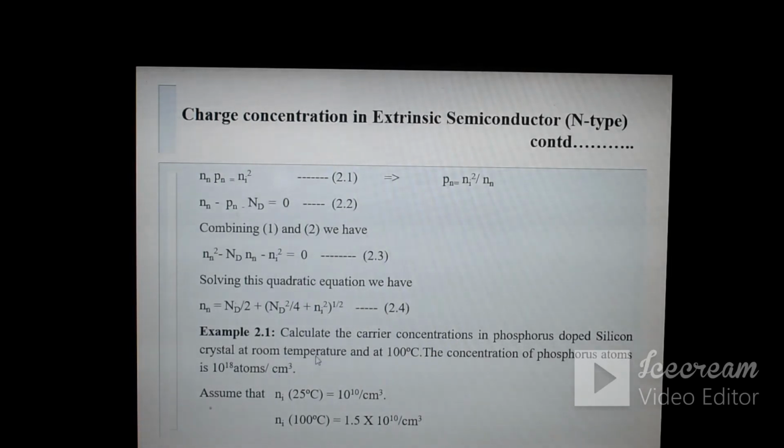Let us take an example. Suppose we have to calculate the carrier concentration in phosphorus doped silicon crystal at room temperature and at 100 degrees centigrade. The concentration of phosphorus atoms is 10 to the power 18 atoms per centimeter cube, that is Nd equal to 10 to the power 18 donor atoms.